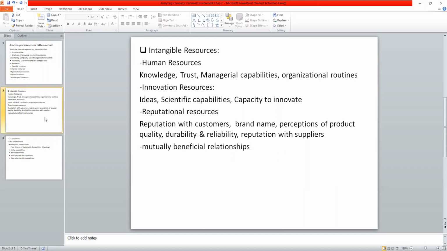Now, although we say that production assets are tangible, many of the processes which the company uses are defined in intangible terms.